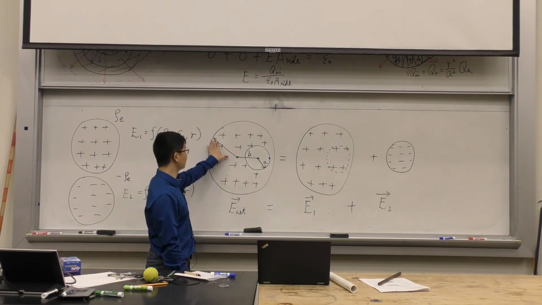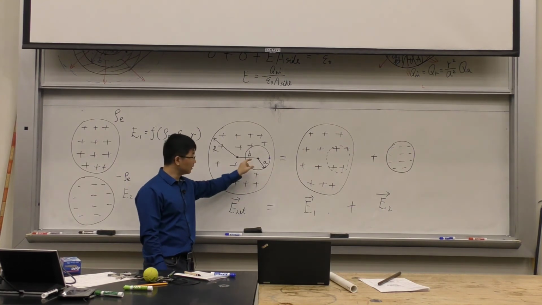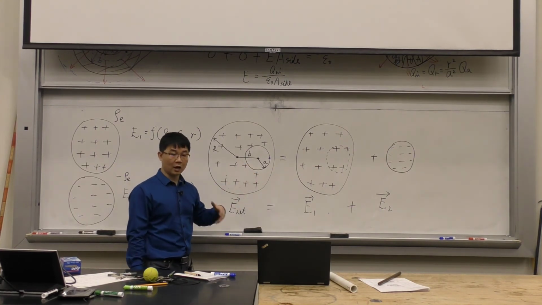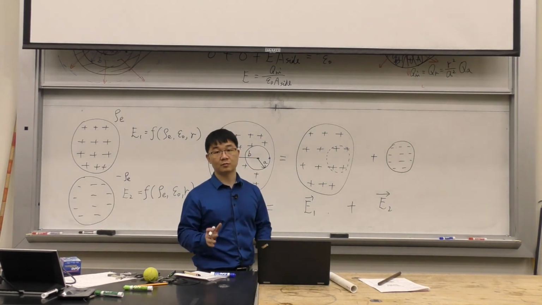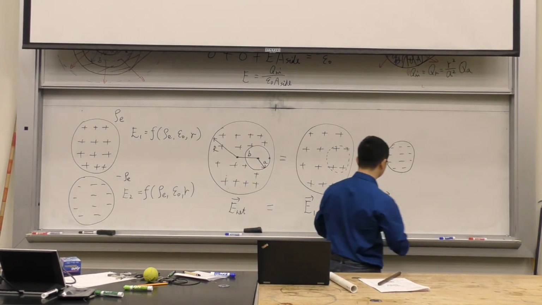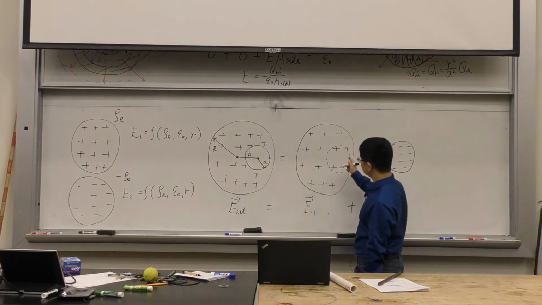If I need this distance, I just use big R. If I need this distance, I use B. This distance, I use A. I'm still going to have all the symbols in my final expression. I don't get a number at the end, I'm just going to work with symbols. Now I'm going to find the point in the big sphere.